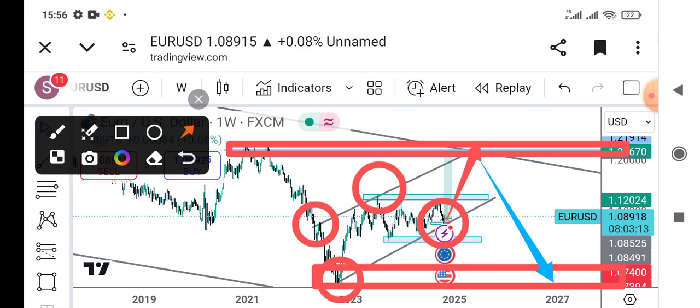So we are supposed to move to that lower section of the market. That is one thing we must get correctly.